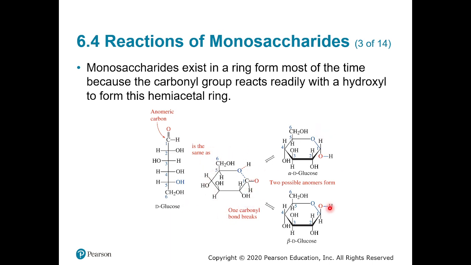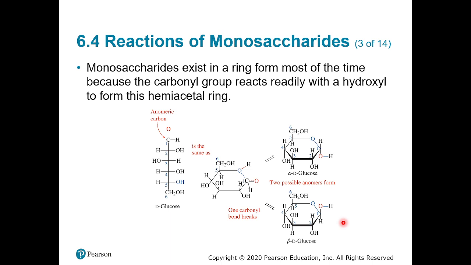Notice we can actually have two forms of this. One ends up with the oxygen above the ring. One ends up with it below. Okay. Specifically, it's going to be on the same side as this group, that CH2OH. Remember, that's this one here. That right there is beta.